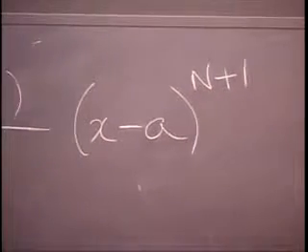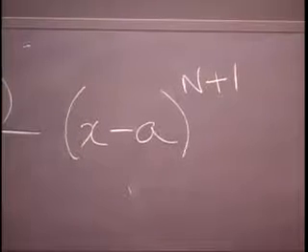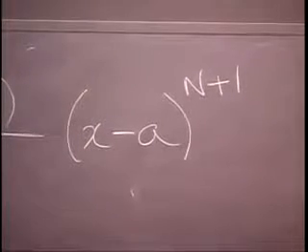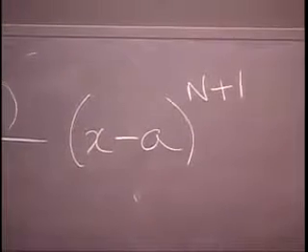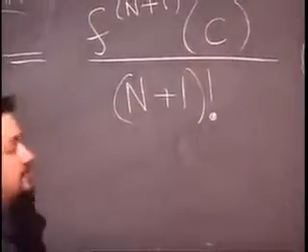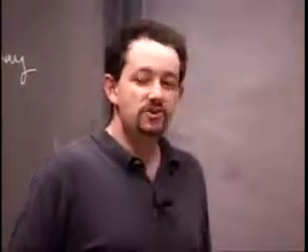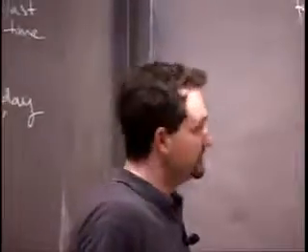In fact, if I just filled in an a here, it would just give you the next term in the polynomial. It would give you the n plus 1th term. But unfortunately, or perhaps fortunately, since not everything's a polynomial, I have to put in a mysterious number c.